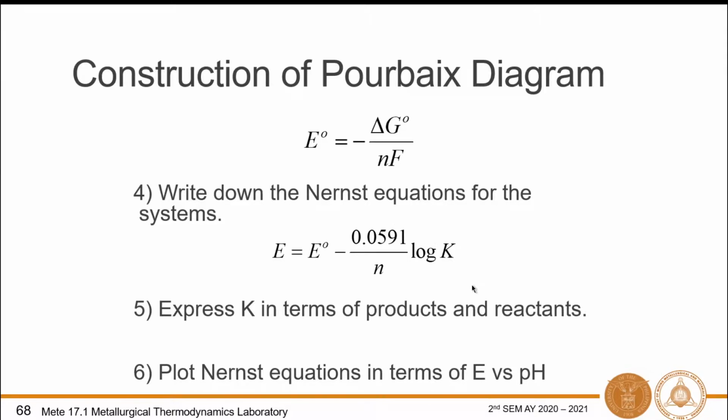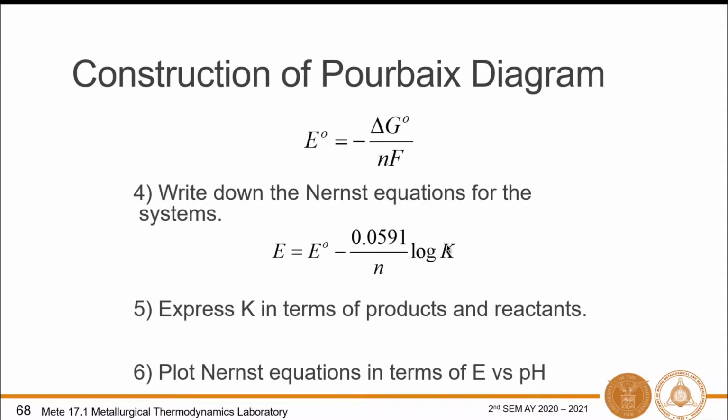In itself, we can't yet plot the EH versus pH diagram from this equation. We need to express K first in terms of the products and reactants, and usually one of the products or reactants will be H plus. If we take the negative logarithm of the concentration of H plus, that is the pH.